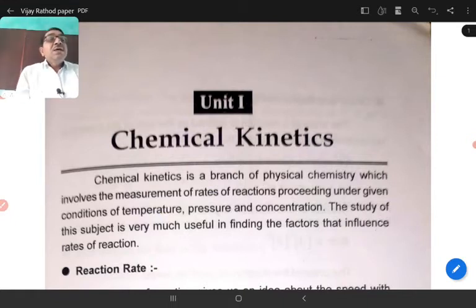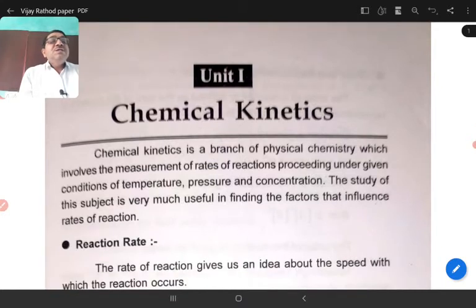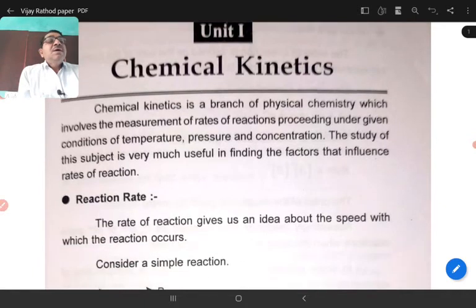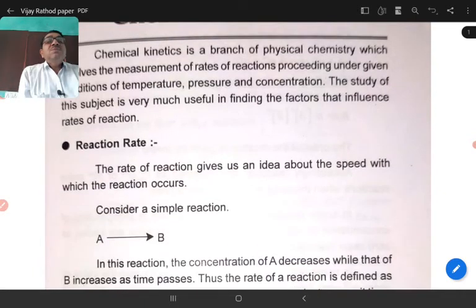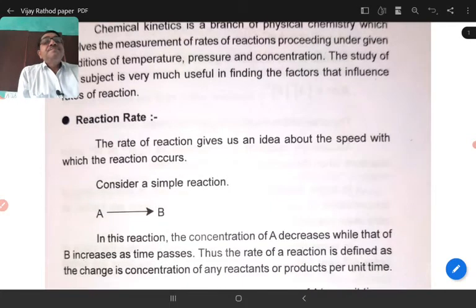So every part of our chemistry has one condition, that is the speed of the reaction. So considering the speed or kinetics, we have to give importance to the reaction. Here the reaction can be influenced by some factors such as reaction rate.